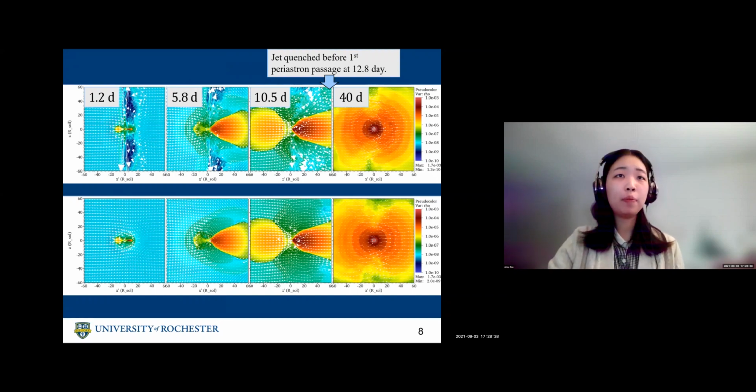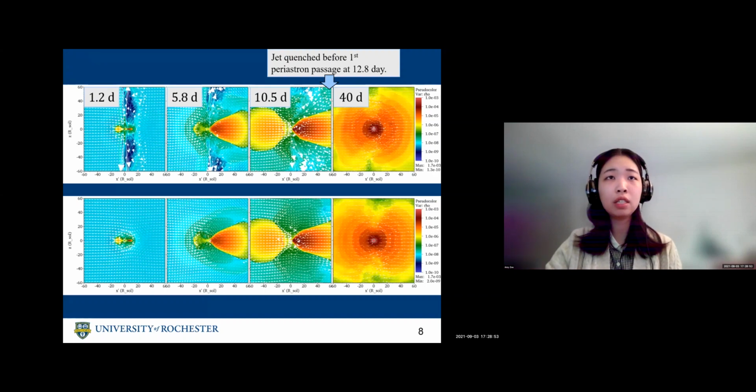In the plunging phase, you can clearly see the jet clearing out the envelope and trying to form a bipolar jet in the first few days. At day 6, in the second panel, you already see the jet being bent by the envelope, and around day 10 it really gets deformed. The jet quenches before the first periastron passage, and it never breaks out in this model.